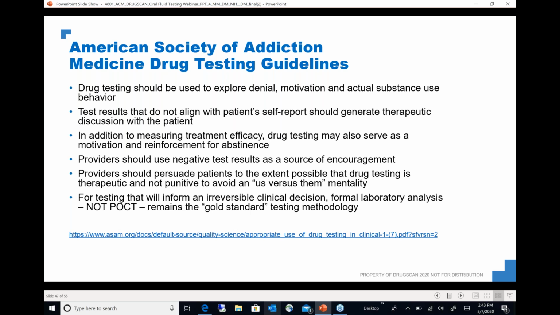She was now going to court to try to testify as to what facts she had that the woman was really using drugs, and she was asking me for my help. And the only thing I could tell her is that presumptive positives are not the gold standard and you cannot rely on them. So the fact that ASAM talks about that in their drug testing guidelines, I found that very profound.